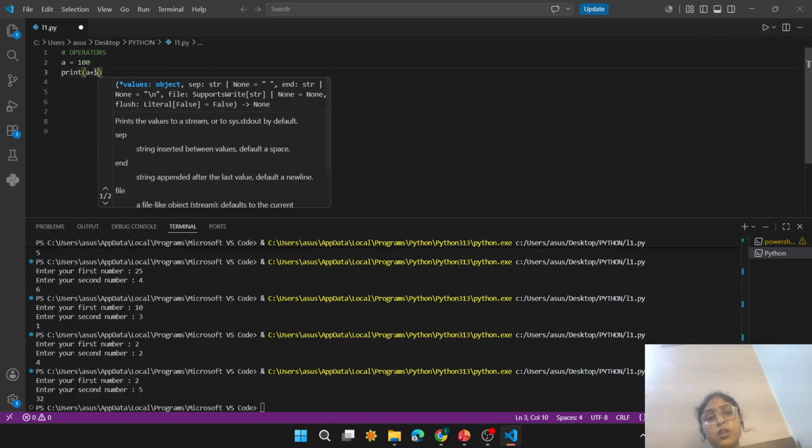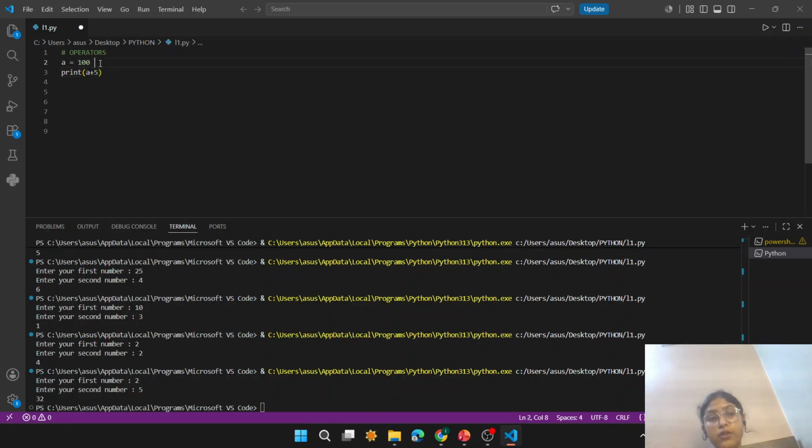So the first answer will be 105, then 110, then 115. This will keep increasing. Remember that Python gives you a shorter and cleaner way to update these variables, called assignment operators.